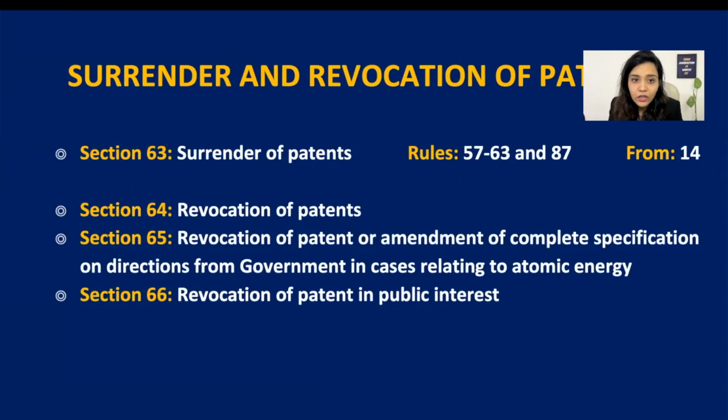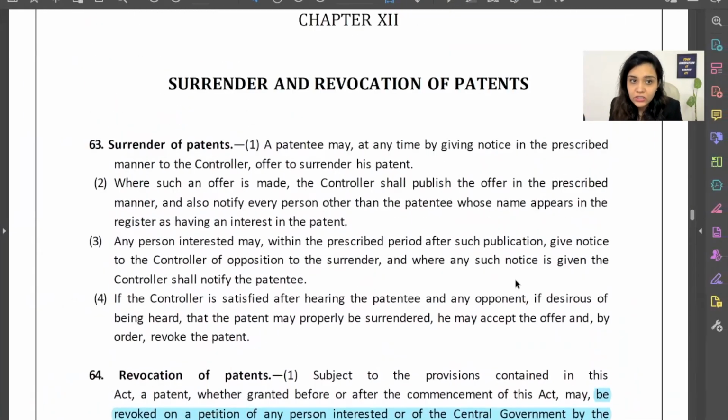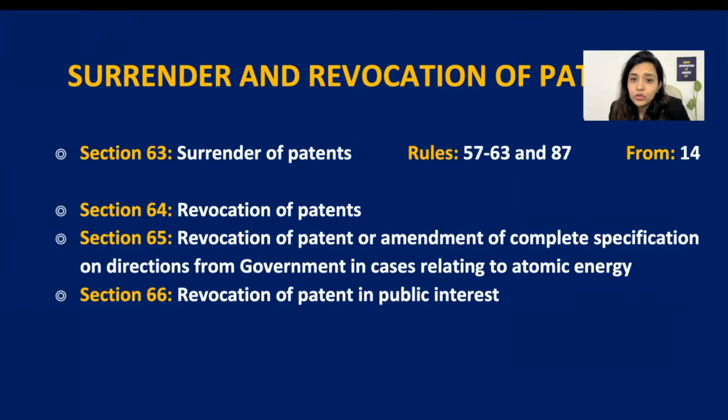Surrender of patents is given in section 63, and it generally means that a patentee at any time, by giving notice in the prescribed manner to the controller, can offer to surrender his patent. Whenever the patentee does not want to proceed with this patent anymore, the patentee can surrender the patent.